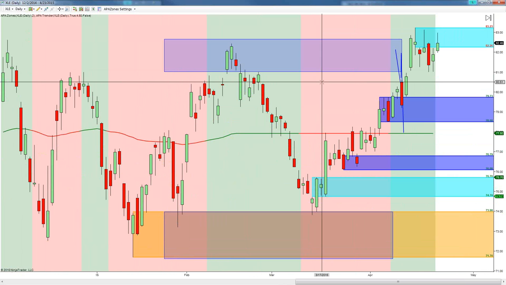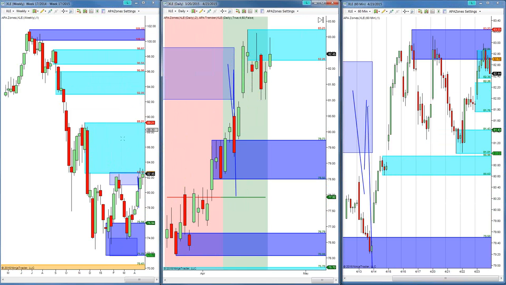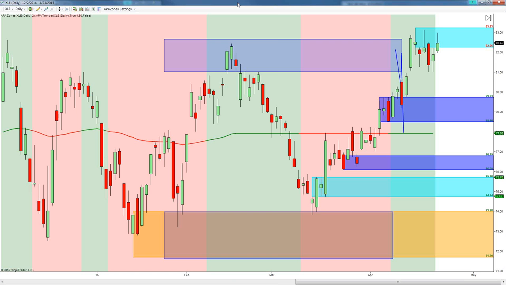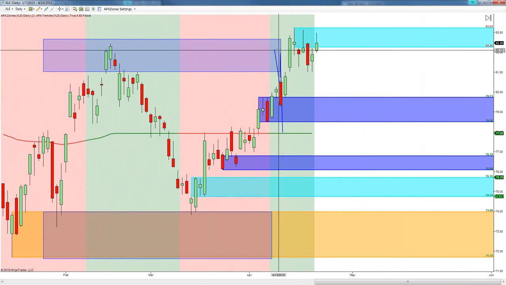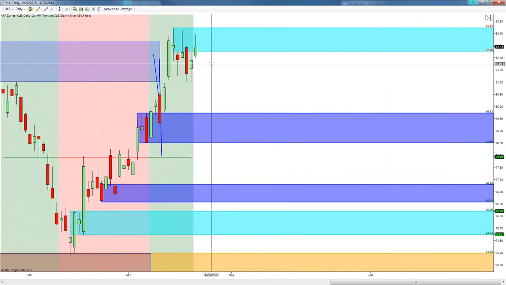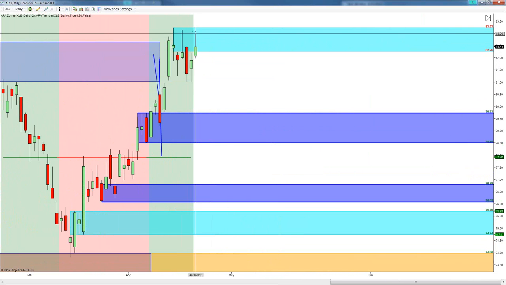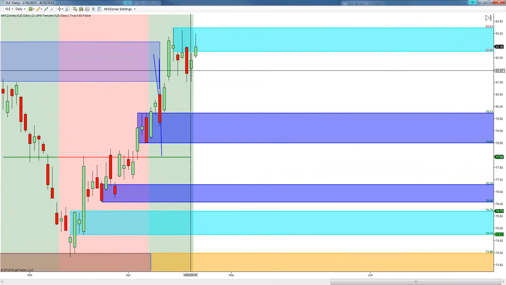XLF. Let's look at the big daily. Okay, so on the daily charts, we can see price reloaded into this big weekly supply zone for the second time. So a shorting opportunity is possible from the big weekly charts, but we don't want to stand in front of the bus.